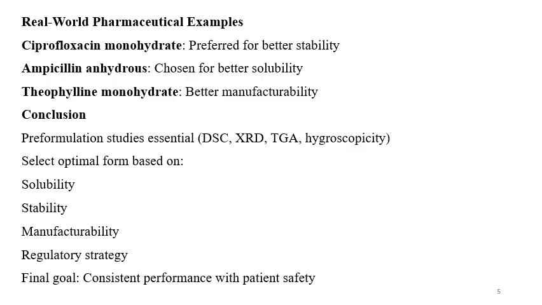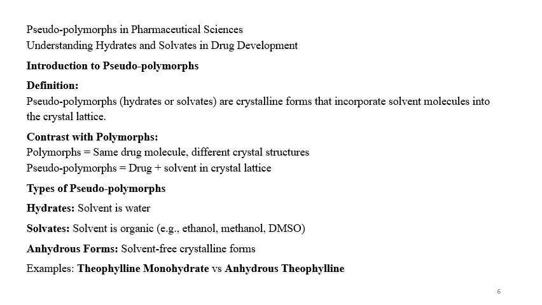And these forms are studied through these types of studies. Select the optimal form based on the solubility because it will affect dissolution and bioavailability, stability, manufacturability, and regulatory strategy, whether any specific form is patented. So your goal is to get the good formulation, the robust formulation, and show or demonstrate the safety and efficacy.